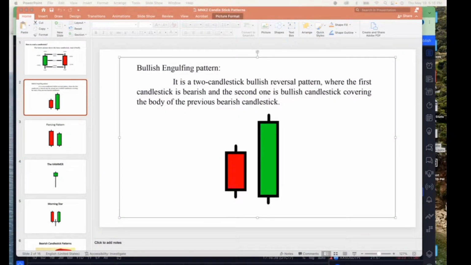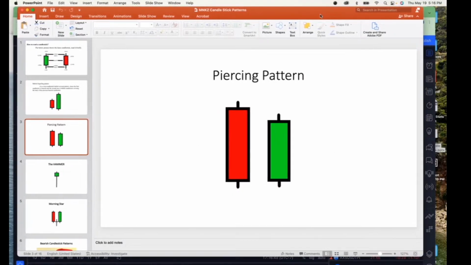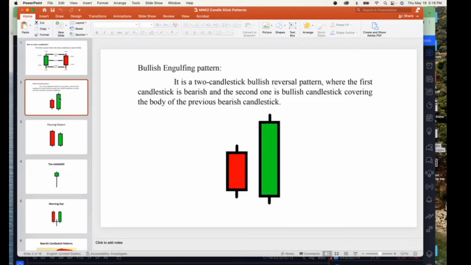The next one we got here is a piercing pattern. This one shows a potential reversal, but not nearly as convincing as the last one. Sellers are trying to push the price down, down, down, and then buyers stepped in because they probably liked the price here.